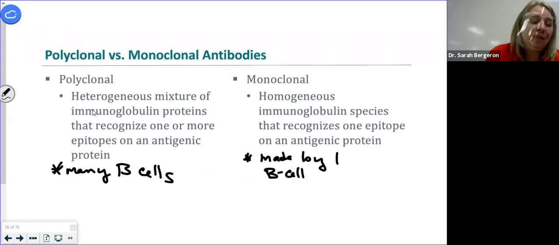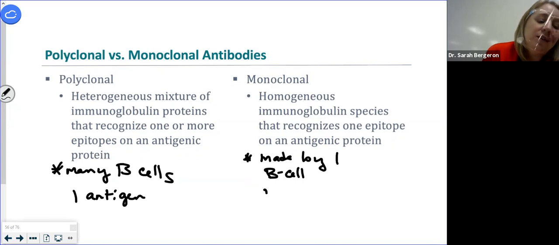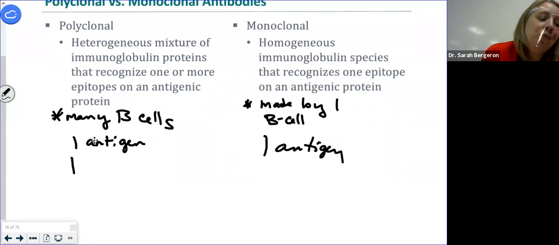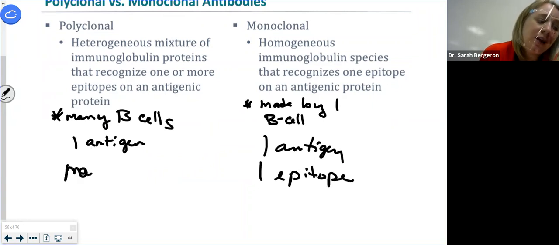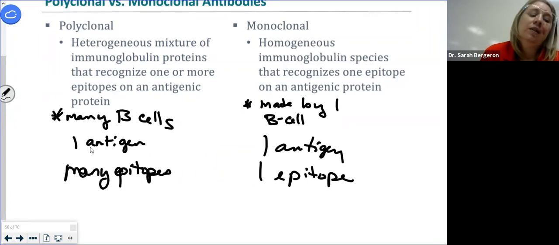Okay, so this is one antigen, right? This is also one antigen, but this is one epitope. This is many epitopes.